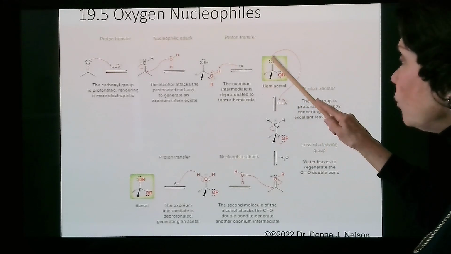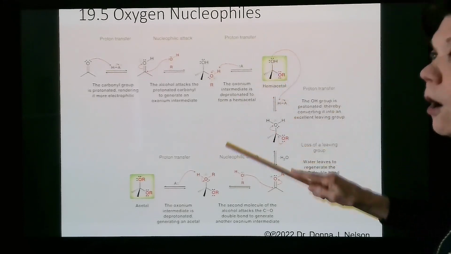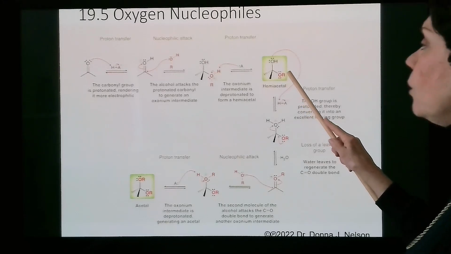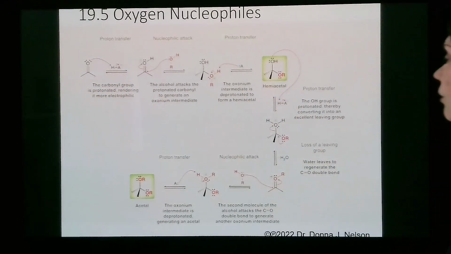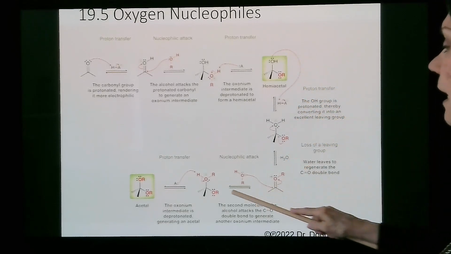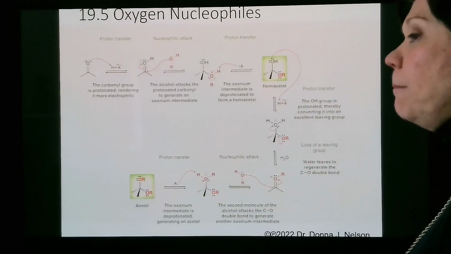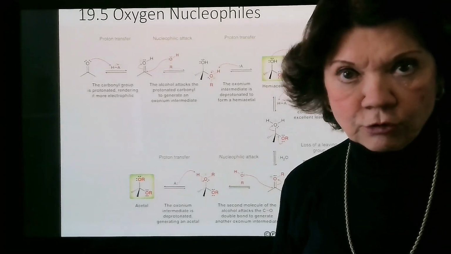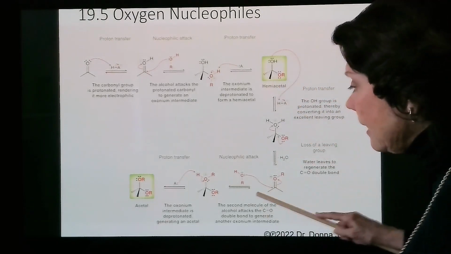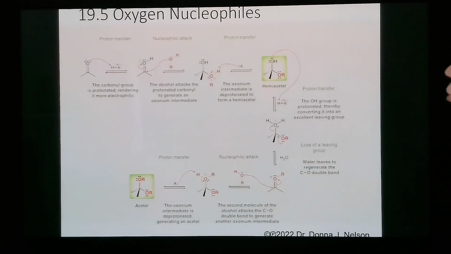It's just that when this one picks up a proton, it can go on to a reaction. If you protonate this, nothing will happen except you'll go back to the reactants, and you're not interested in that. You're interested in going on down this way. So you just draw the mechanistic steps that you're interested in, the steps that go on to the product.